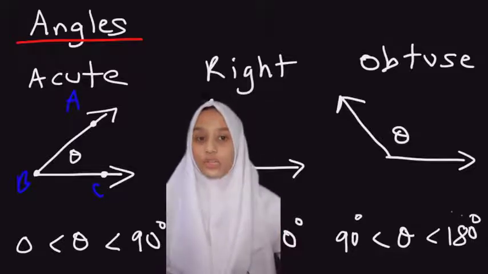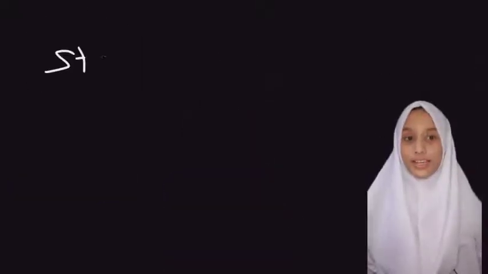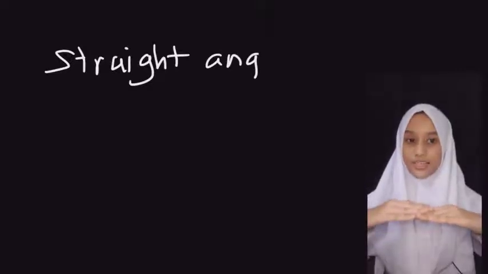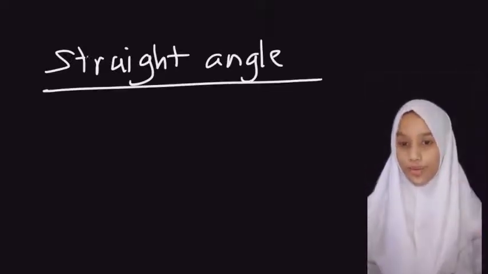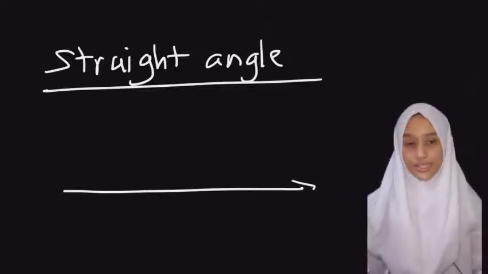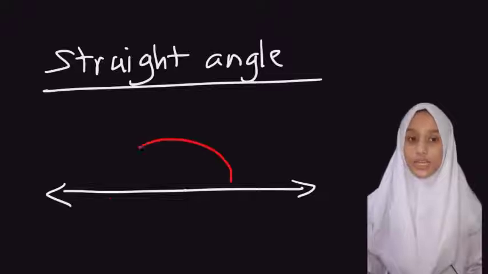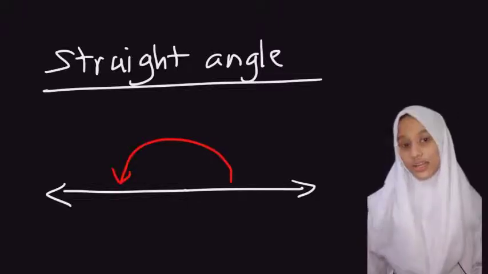And finally, you need to be familiar with the straight angle. The straight angle has a measure of 180 degrees. It looks basically like a line.